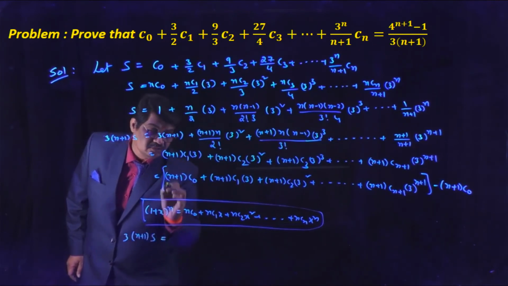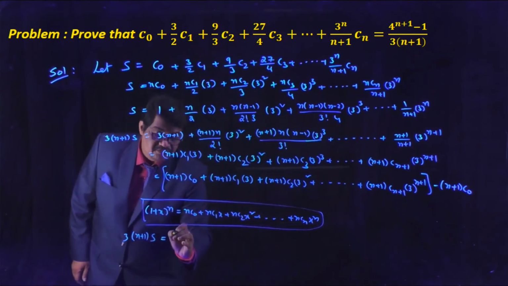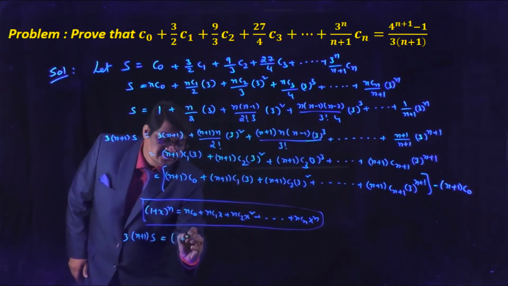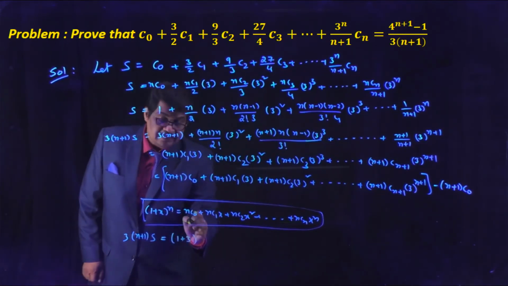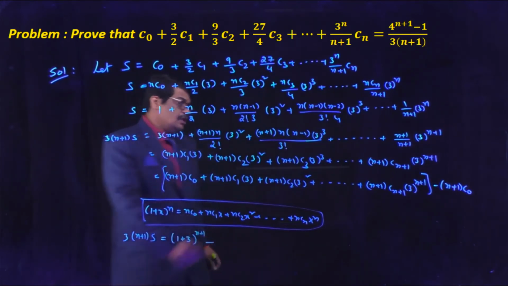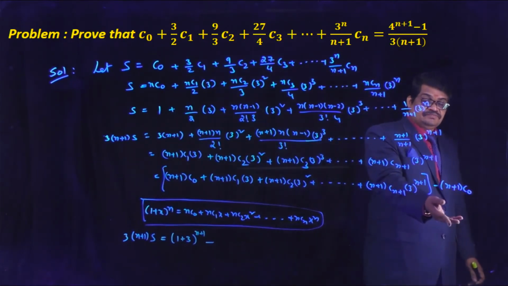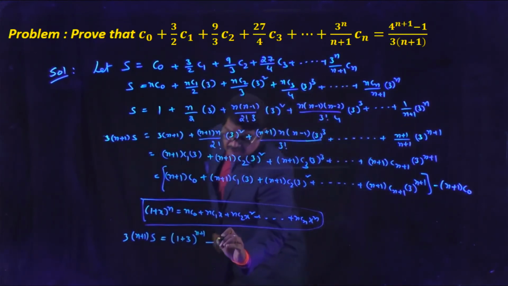Now this can be written as 3 into n plus 1 into s is equal to this series, which is 1 plus x, where x is 3, to the power of n, where n is n plus 1, minus, in the last term, n plus 1 c naught. n c naught is 1, n plus 1 c naught is also 1. So this is 1.